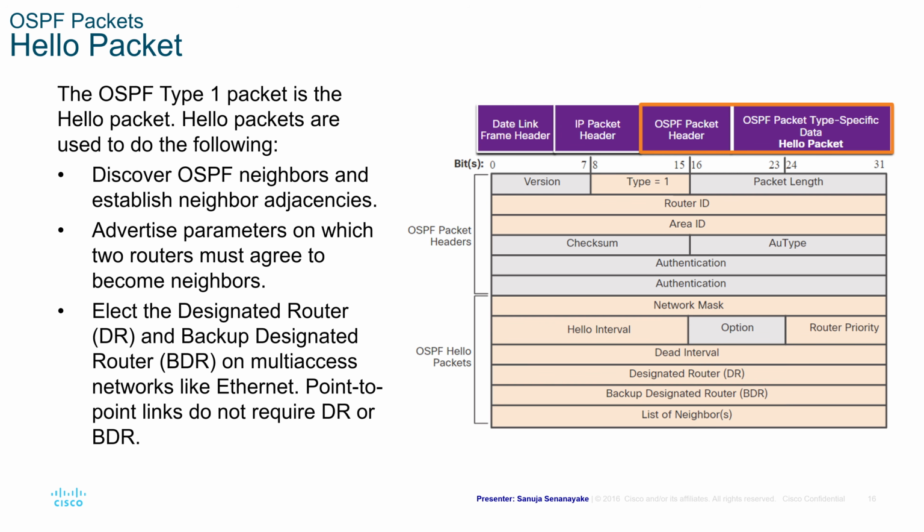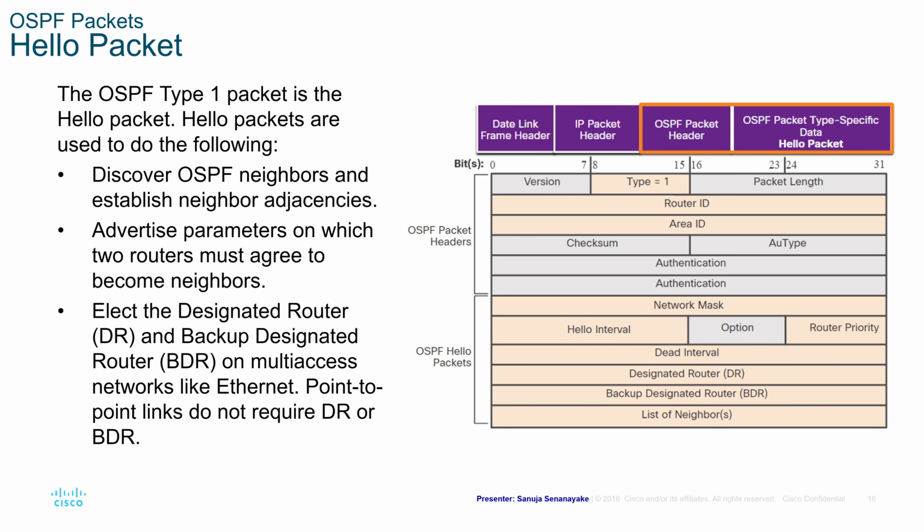Hello packets are used to discover OSPF neighbors and establish neighbor adjacencies, advertise parameters on which 2 routers must agree to become neighbors, and elect the designated router, also known as DR, and backup designated router, or BDR, on multi-access networks like Ethernet. Point-to-point links do not require DR or BDR, so it's for multi-access purposes. The hello packet will be used for DR and BDR designations.